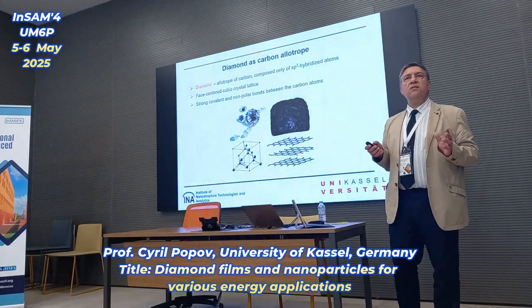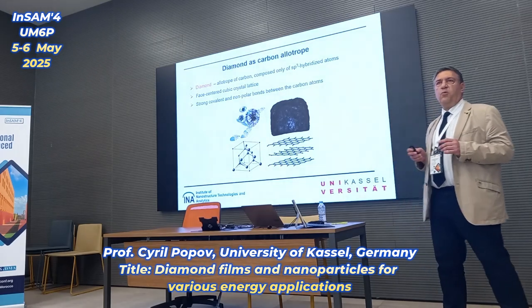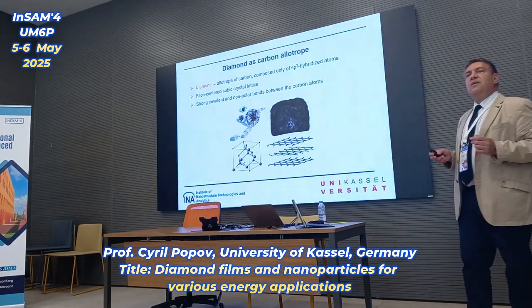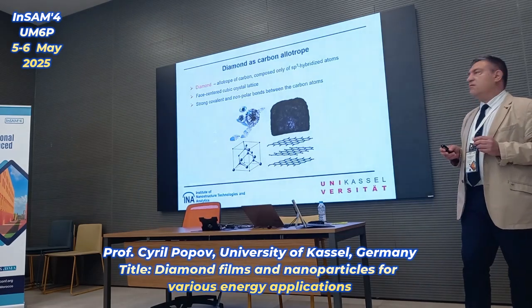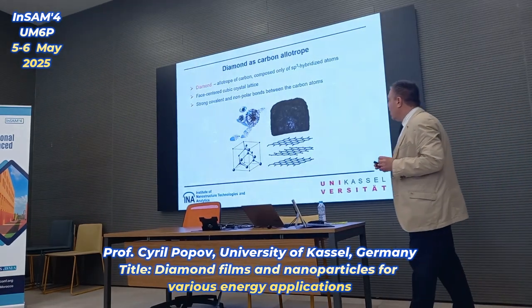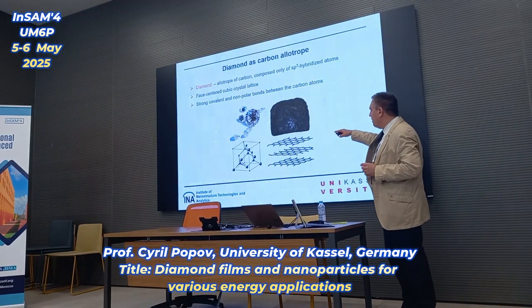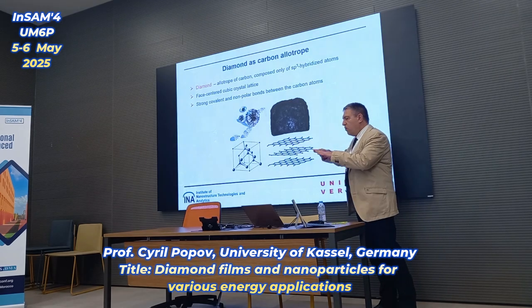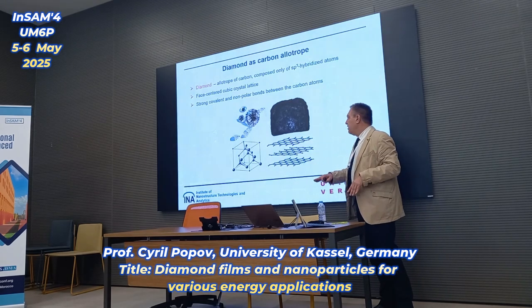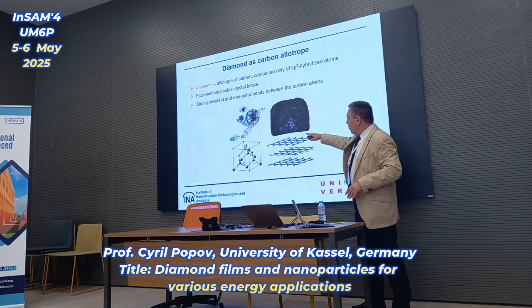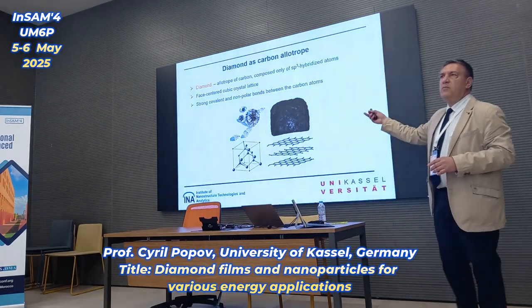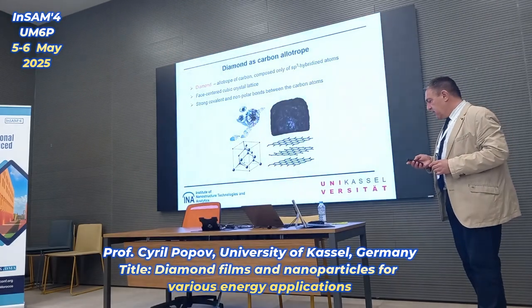So this is the reason for all these excellent properties that I showed you. And just for comparison, the second famous allotrope of carbon is graphite, where all carbon atoms are in sp2 hybridization, forming these graphene layers, which are bound to each other with very weak bonds, which determine the specific properties of graphite.